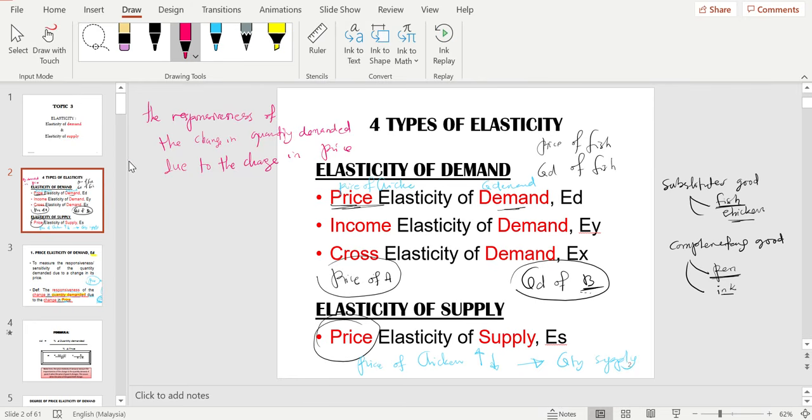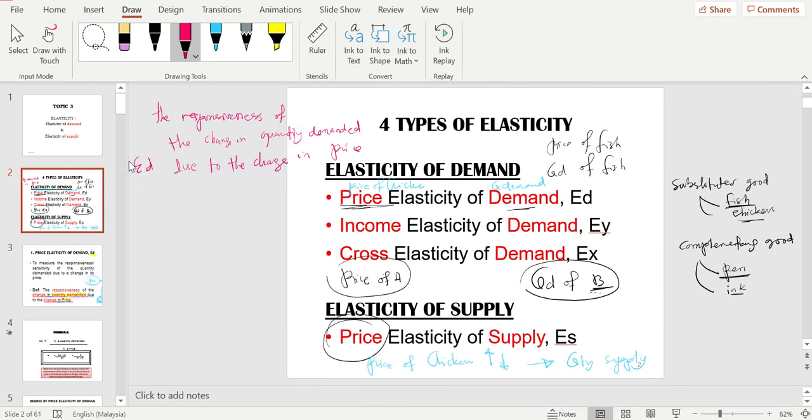So this is the definition for ED. The responsiveness, perubahan quantity demanded due to the change in price.